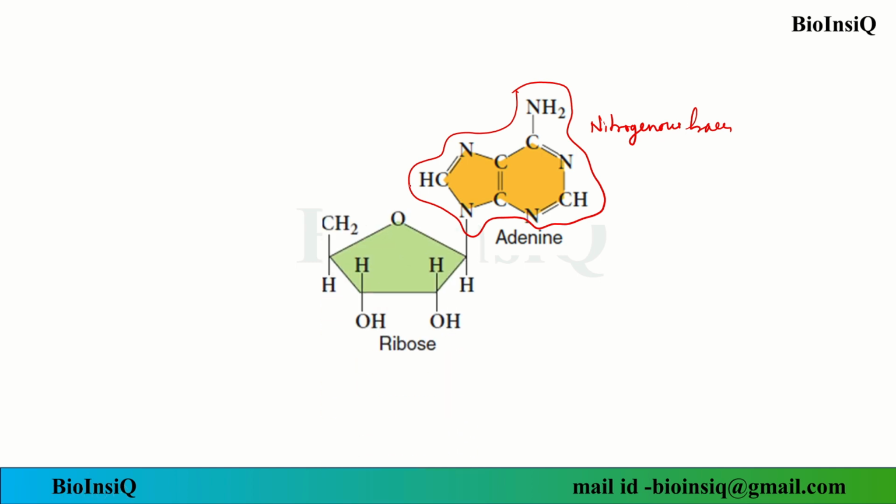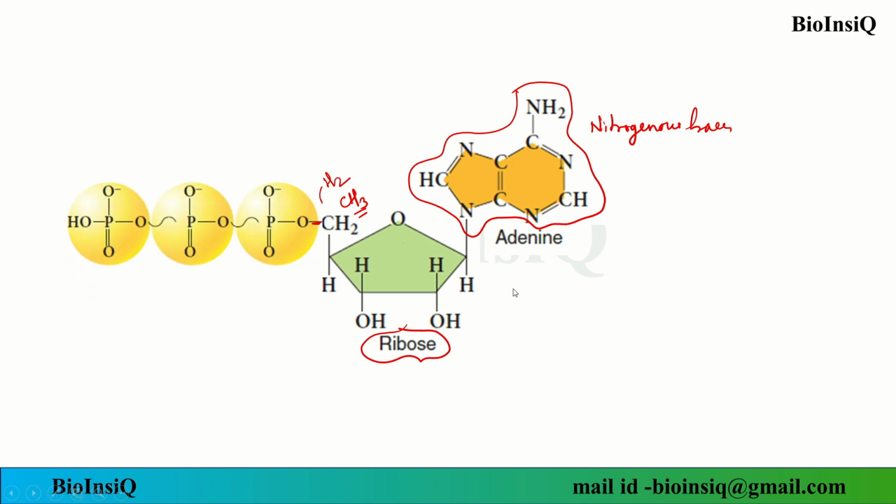Here is the ribose sugar, and this portion was previously CH3. Unless there is a binding of a phosphate group, hydrolysis happens at this position, a hydrogen is released, and the phosphate group attaches here, right?